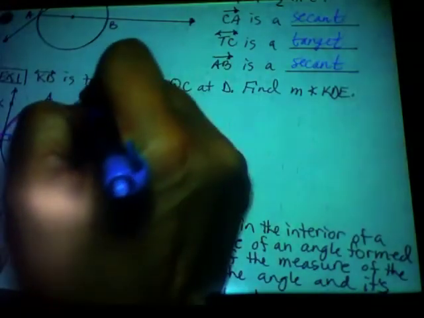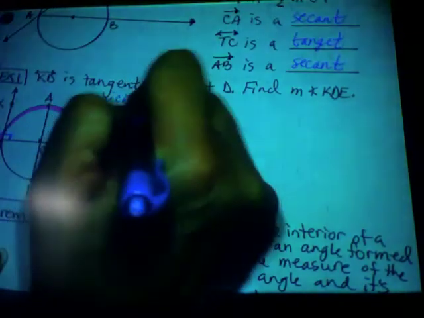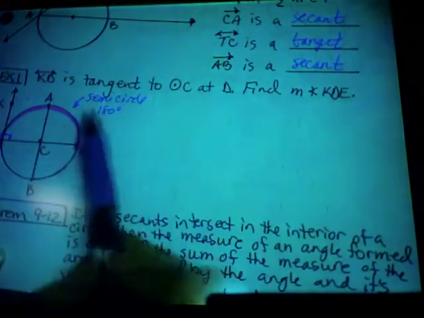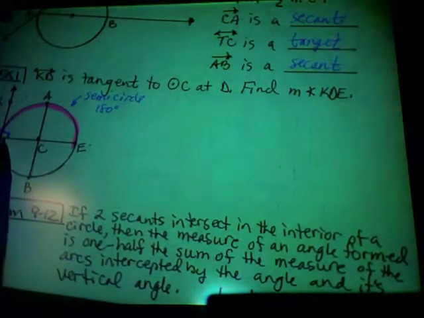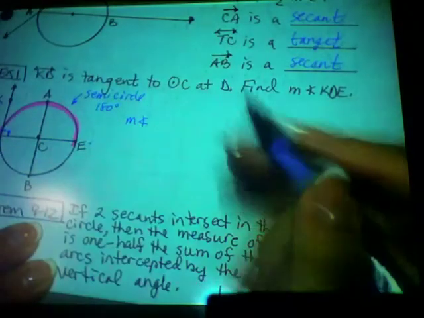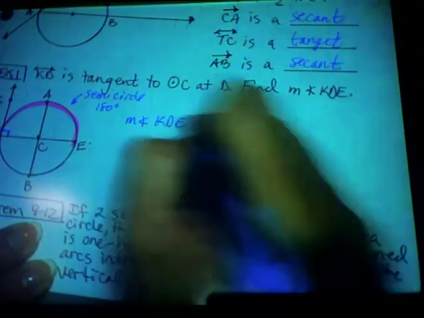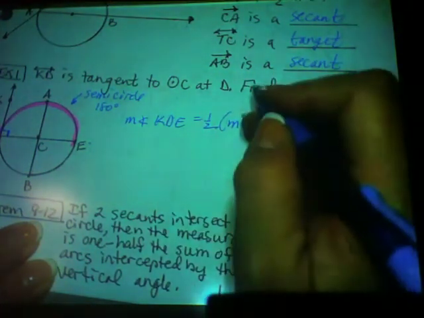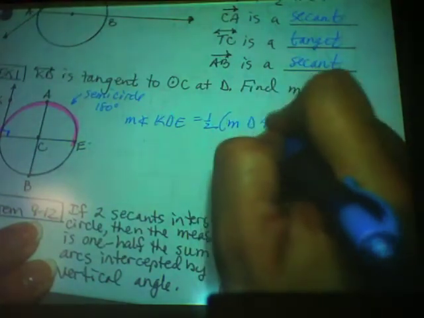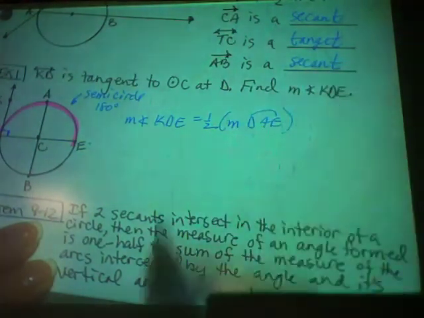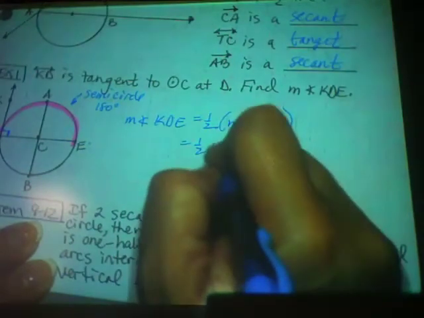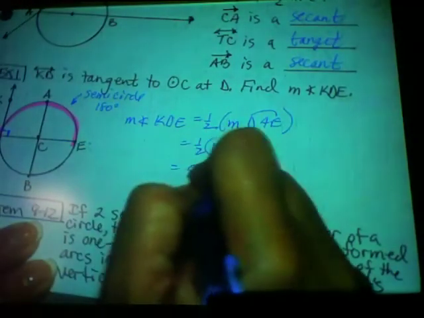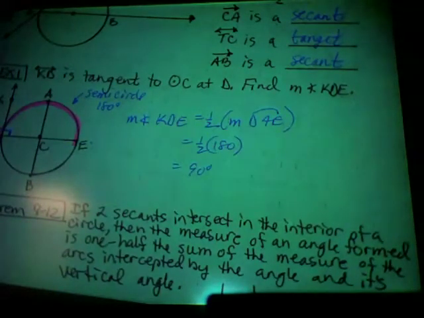Semicircle, which is 180 degrees. So wouldn't it make sense that that would still be 90 degrees? The measure of angle KDE is equal to 1/2 of the measure of arc DAE, which is equal to half of 180, which is equal to 90 degrees. So now we have two different theorems that will get us to the same place.